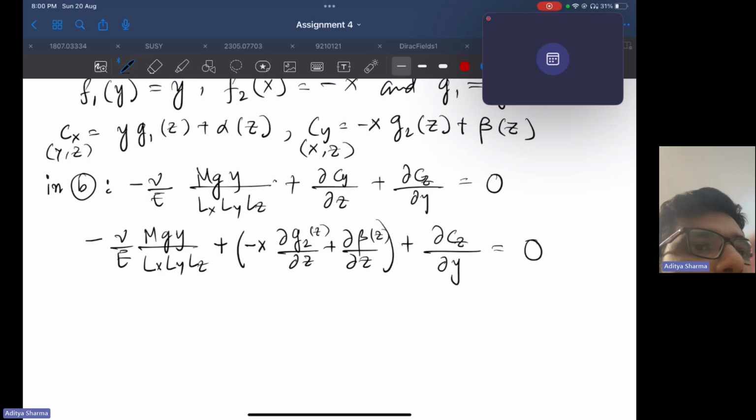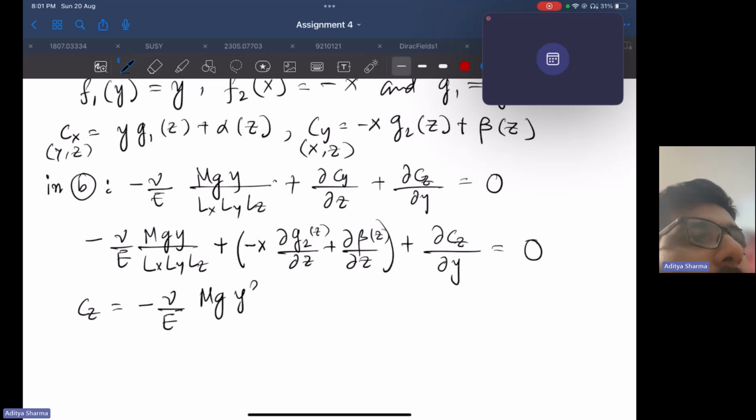So Cz should be equal to minus mu by e n g s squared by 2 lx over lz, plus a sign.